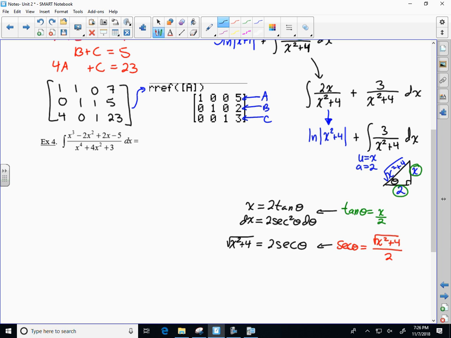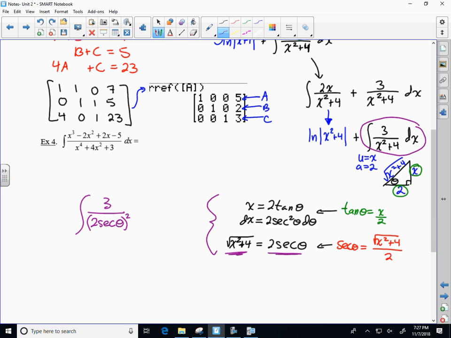And you can say, well, but there's still no radical in the original problem. That's going to be handled in a sec. So take this guy here. That's going to be the result of this. 3 over, if I just put the 2 secant theta in, that's the same as saying radical x squared plus 4. But I want just an x squared plus 4, so I'm going to square this.